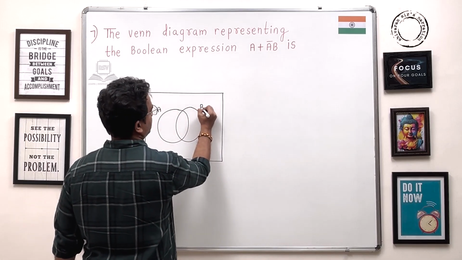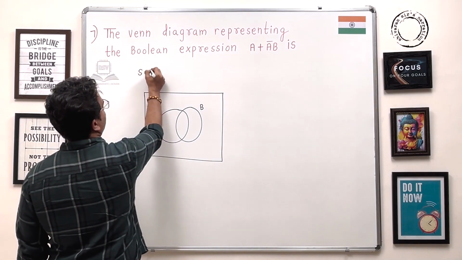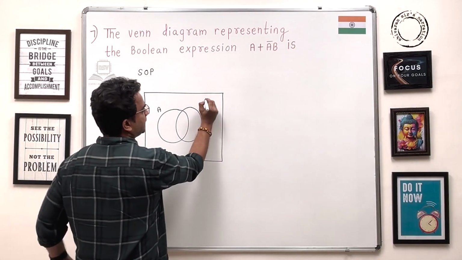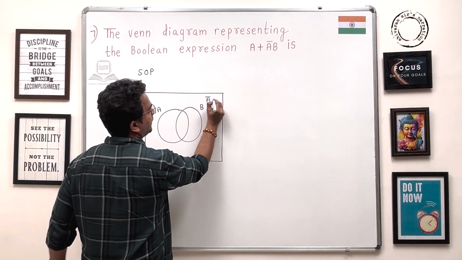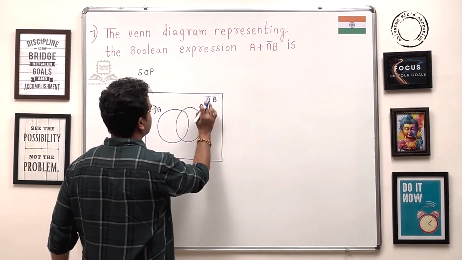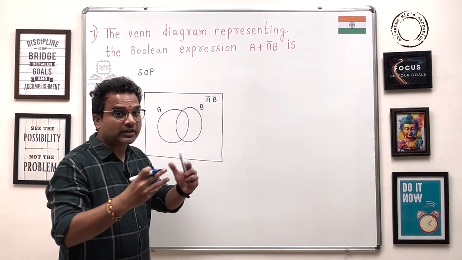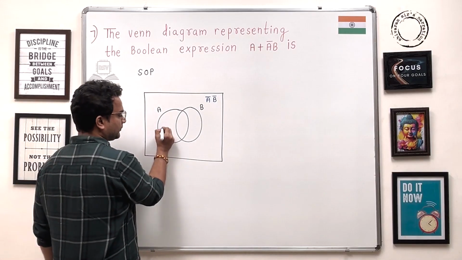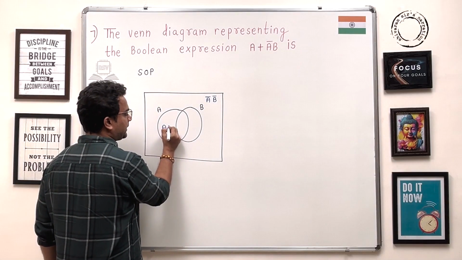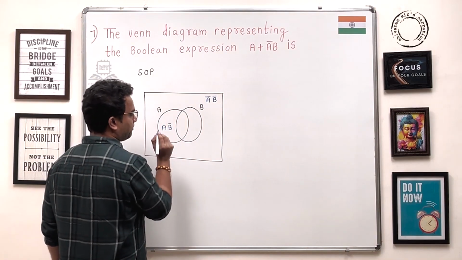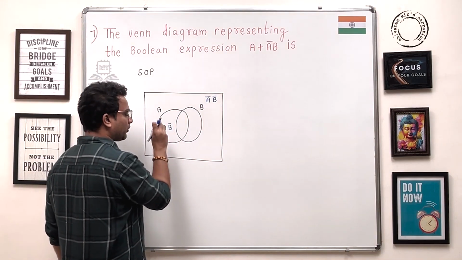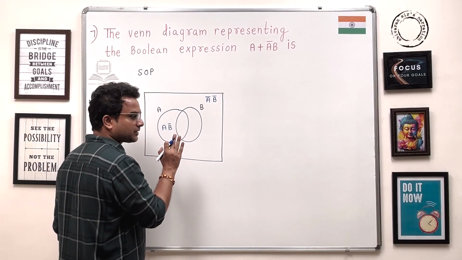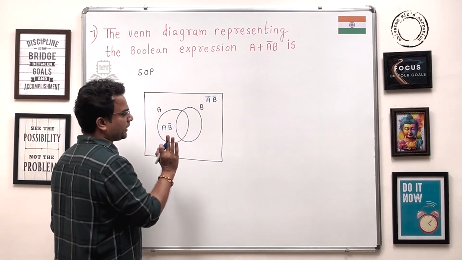Let's discuss SOP form, sum of product form. Therefore, remember guys, this area is A bar B bar, because this portion is outside of the circles, right? And this will be A B bar, because it is related to only A; whatever portion is covered by B, even though it is A's, we are removing it.